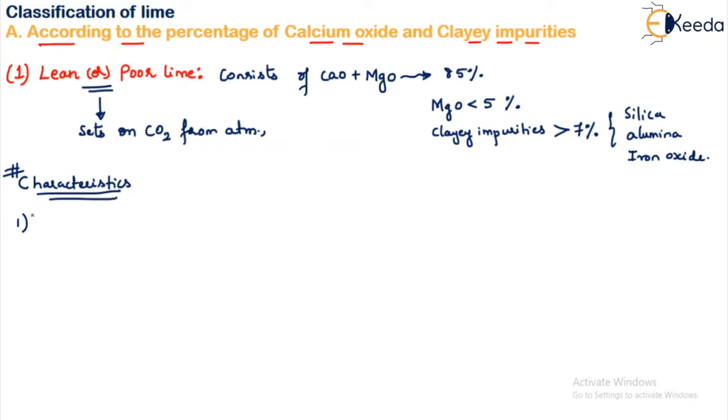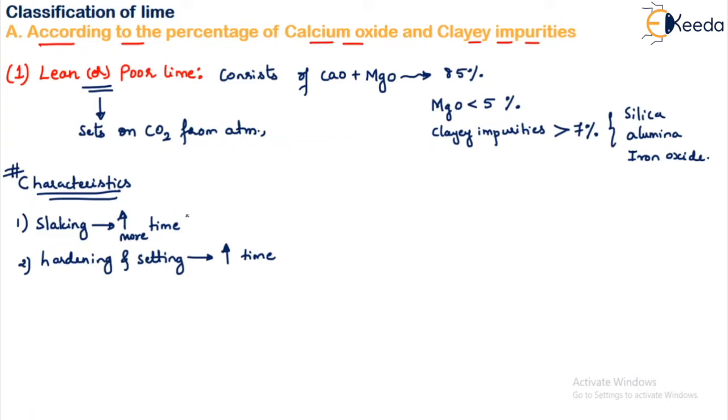The first one is that in this case, the slaking of lime will take more time, and also the hardening and setting will take more time. Because the slaking will take more time, it will hydrate very slowly. The lean or poor lime will hydrate very slowly.